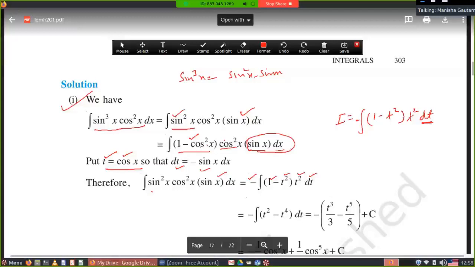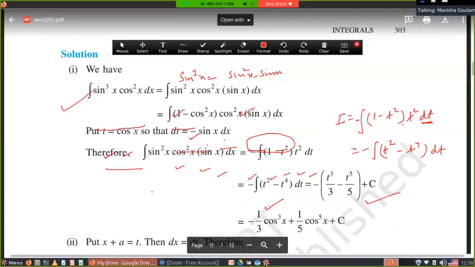This should be with respect to the variable which is in the question. Now you can multiply the statement like this. Now you can integrate, it is an algebraic function: t to the power 2 plus 1, it means t cube upon 3, minus t to the power 5 upon 5, and this is the solution.